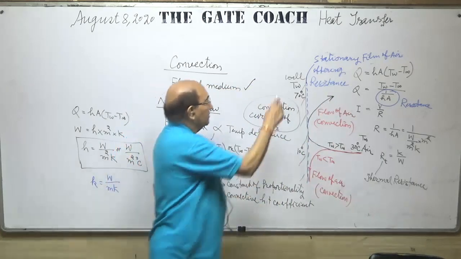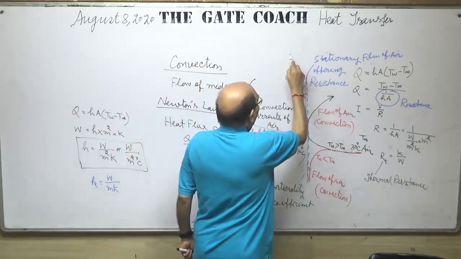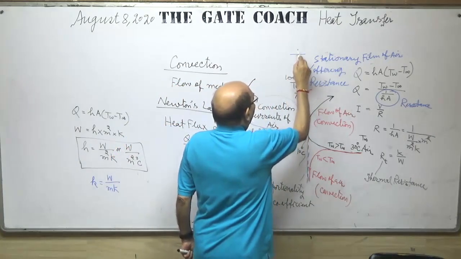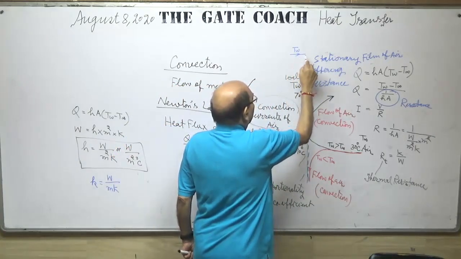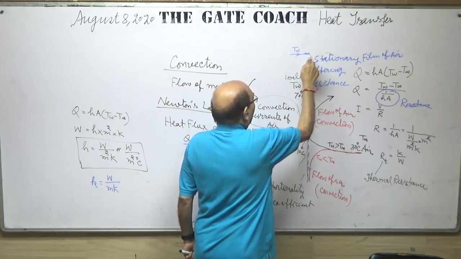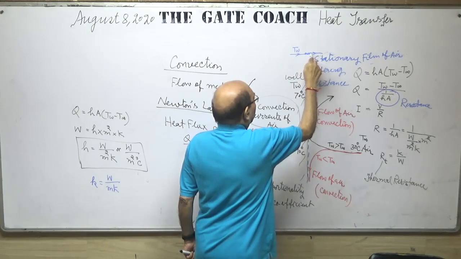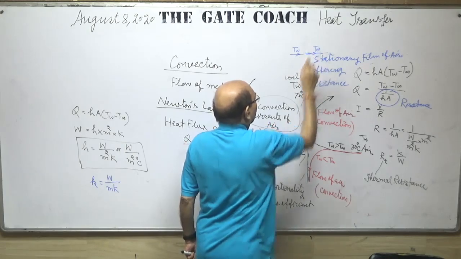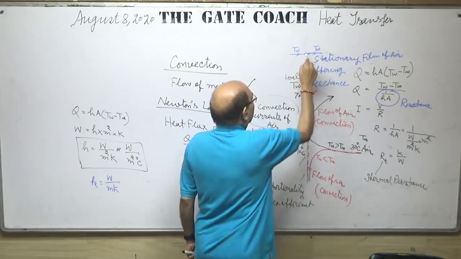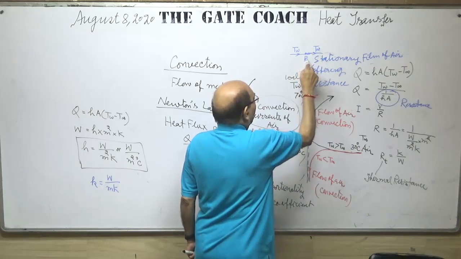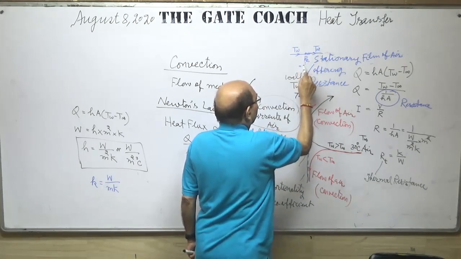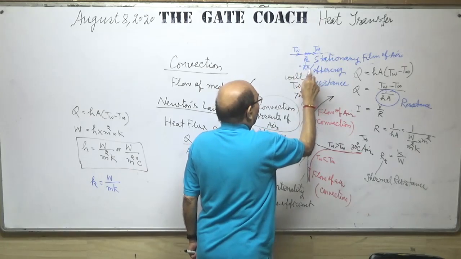So I can say at wall temperature this was, this side is T infinity. This is offering thermal resistance which is 1 upon HA.